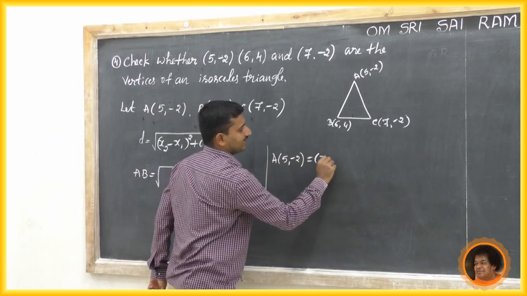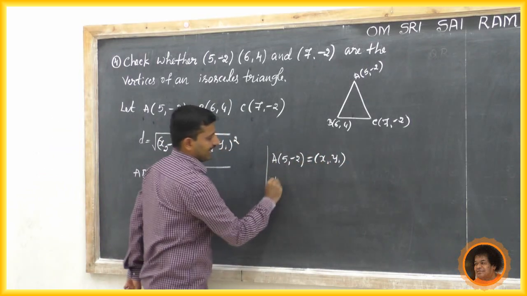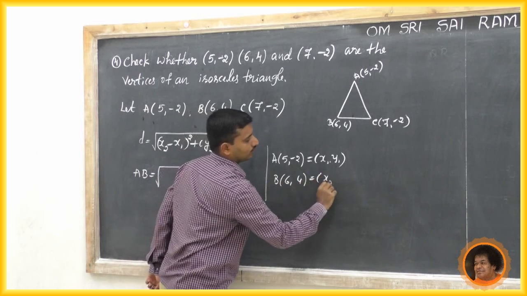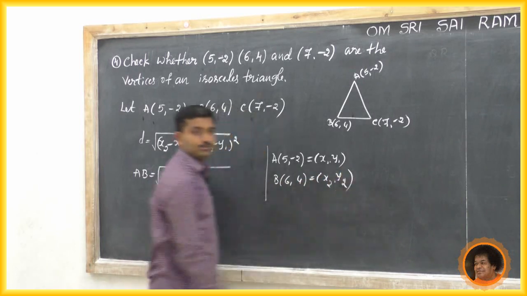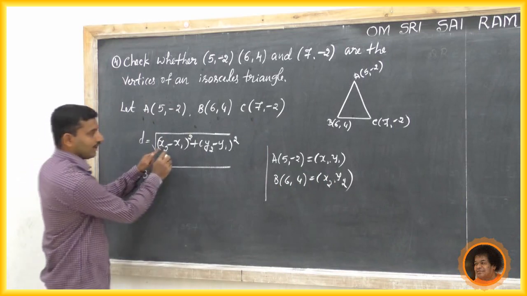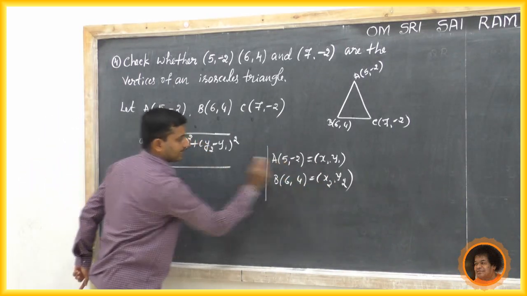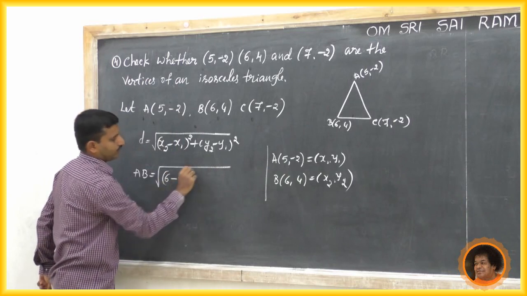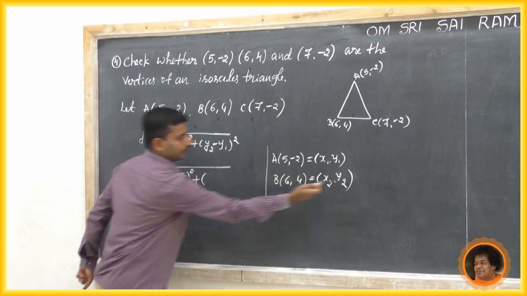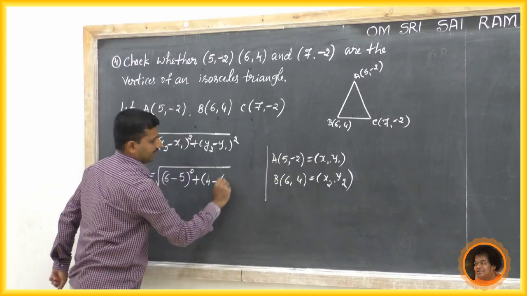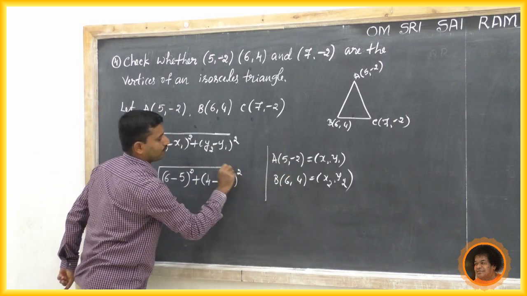Let us consider this x1, y1, and the point B (6, 4) is x2, y2. Then substitute the values: x2 is 6 minus x1 is 5, their square, plus y2, which is 4, minus y1, minus 2, their square.